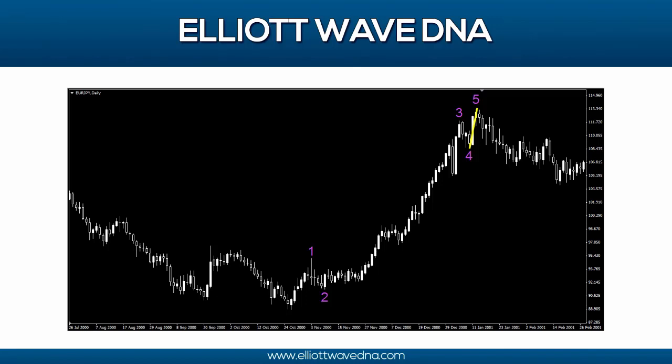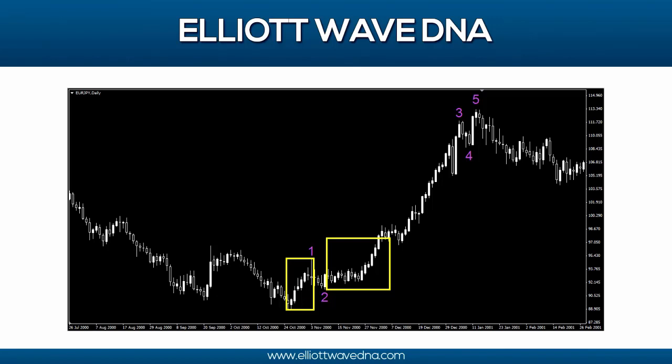But again, we need to check the rules. Rule number 1 is that wave 2 needs to remain above the starting point of wave 1, and that was fine. Wave 3 cannot be the shortest of waves 1, 3, and 5. In this case, wave 3 was the strongest wave, so that rule was also okay.